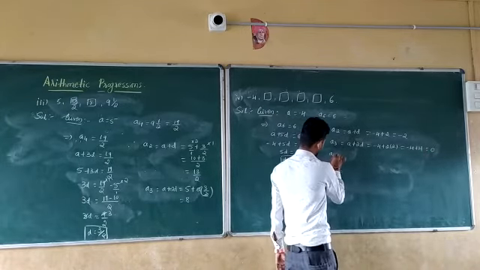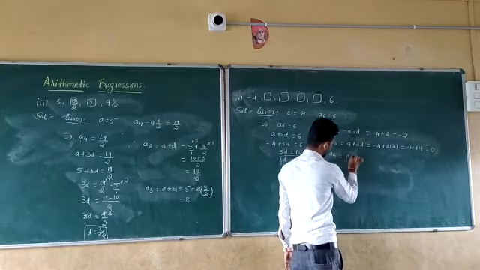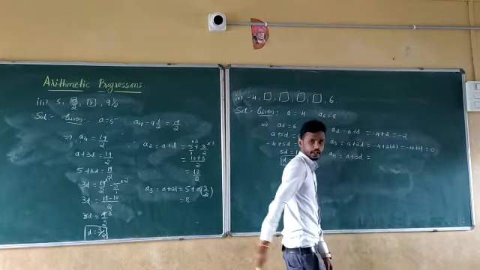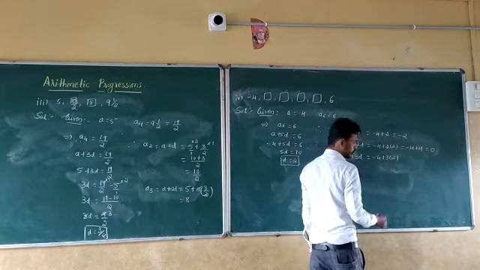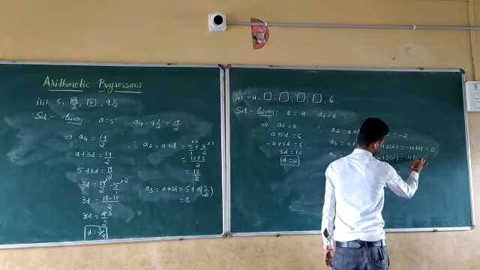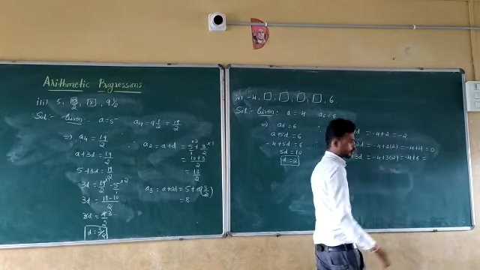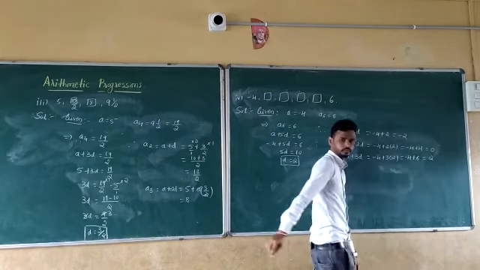Next, a4, which is equal to A plus 3d. So A is minus 4 plus 3 into 2, 3 2s are 6. Minus 4 plus 6, 2.